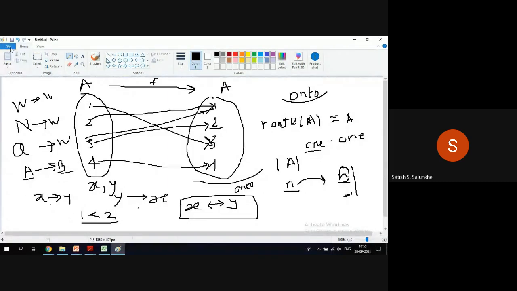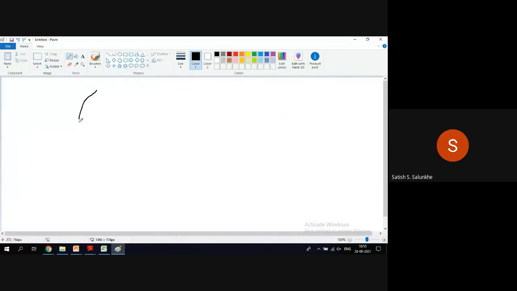Let me just clear the screen. Let us take this as your domain A and this as your codomain B, and there is a mapping function f. In general, you are having some elements x1, x2, x3, dot dot dot xn.